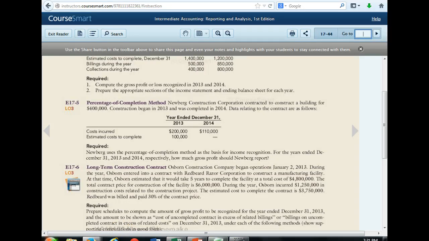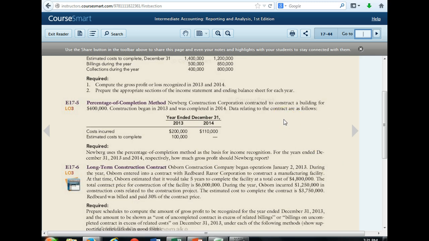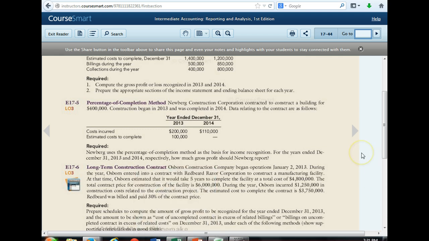Okay, so let's look at that, guys. If the cost incurred for 2013 was $200,000 and they're estimating $100,000 to complete it, $200,000 in cost divided by $300,000 is roughly 66.6% completion.